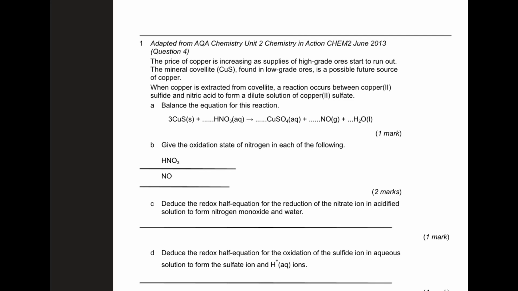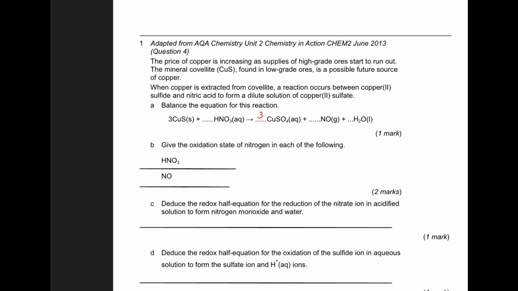That gives us 3 CuS. So logically 3 copper on the left, there should be 3 copper on the right, so I will start with 3. Then I have balanced my Cu and the S. CuS is already balanced.